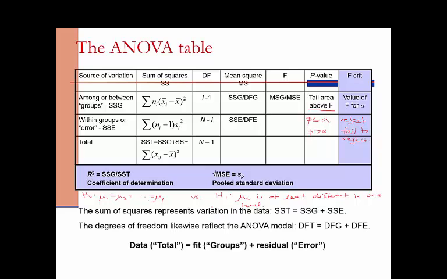Okay, and then it is also very important to be able to derive these values. Now, I'm not going to expect you to hand calculate each of the different standard deviations in the levels i and plug in these values.